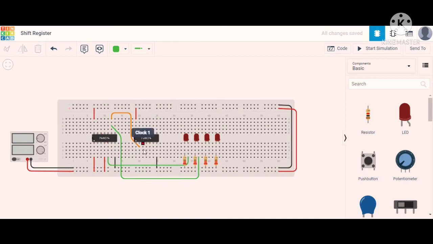Here this one is the output of the third flip flop. That output of the third will be connected to the input of our fourth flip flop.